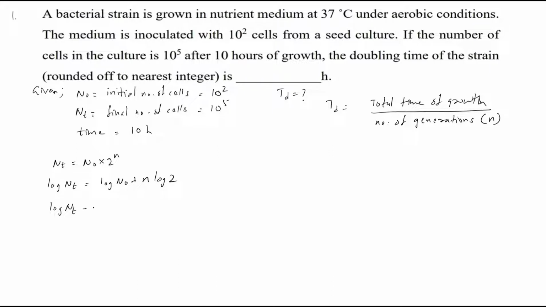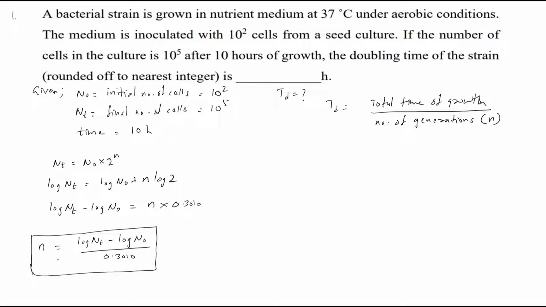So it will become log Nt minus log N naught, which is equal to n into log 2, and the log 2 value is 0.3010. So n is equal to log Nt minus log N naught upon 0.3010. This is the equation we will use to find out the number of generations.